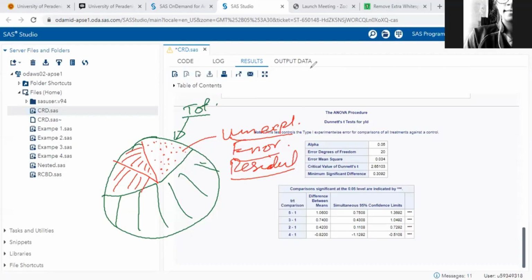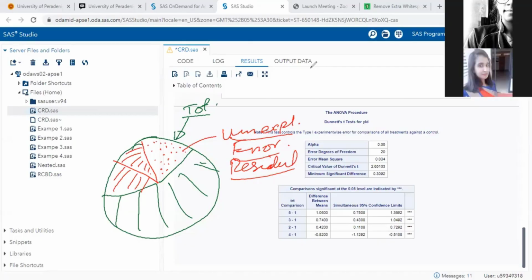Okay, sir. Thank you, sir. Any other questions? Madhusha, understood? Yes, sir. Yoshani, is it okay? You got it? Yes, sir. Indujalani, understood?